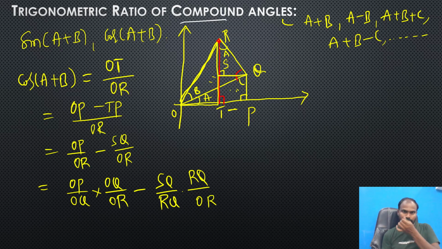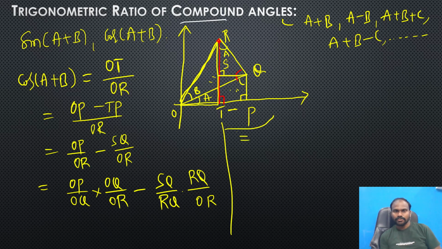Now, therefore, cos of A plus B is equal to OP by OQ, which is nothing but cos A from the first triangle, and OQ by OR is cos B from the second triangle, minus SQ by RQ from this small triangle.